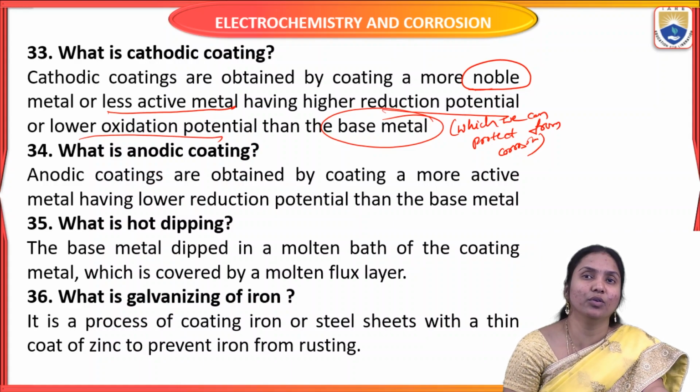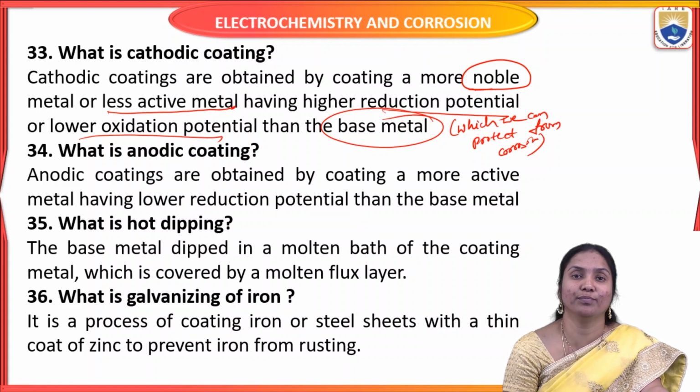So cathodic coatings means coatings applied on the base metal. The coating materials are noble metals, that means high corrosion resistance metals, so they protect the base metal from corrosion, or less active metals having high reduction potentials. Corrosion is always concentrated at the anodic area, while at the cathodic area only reduction reactions take place without affecting the metal surface.